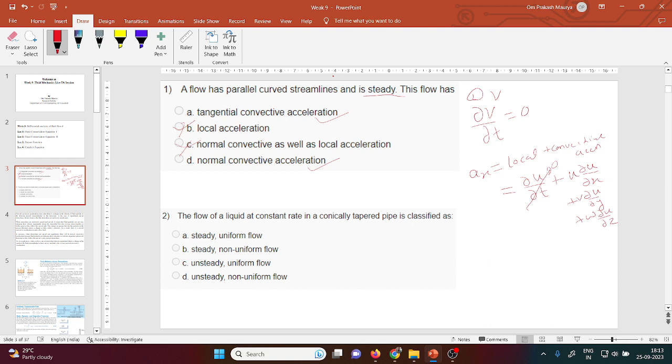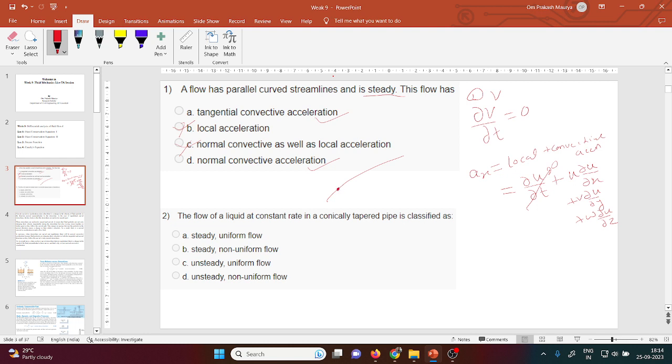Let us discuss both accelerations, what is tangential and what is normal acceleration. Let's say the velocity is flowing like that, that is the streamline, and a fluid particle is there.